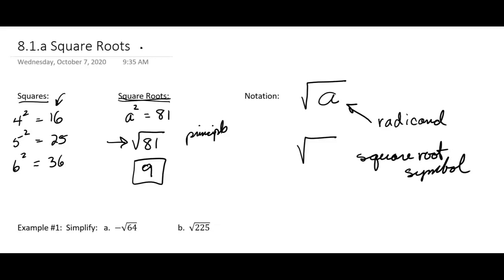Okay, and so far that's all we're going to talk about. Now in a few videos we're going to talk about something else, but so far that's where we're going to start, okay? So you have squares and you have square roots. So you want to make sure you say the right one for what you mean, okay?